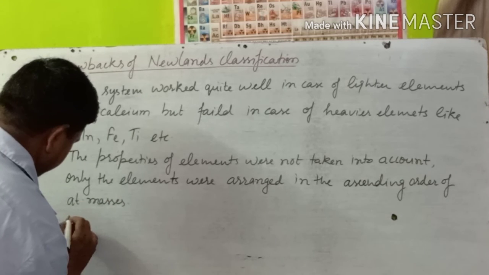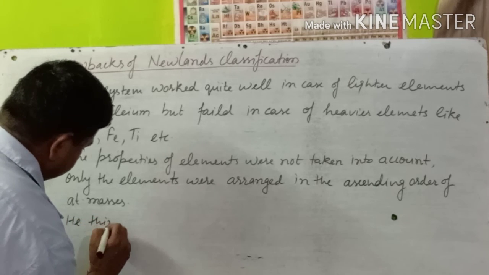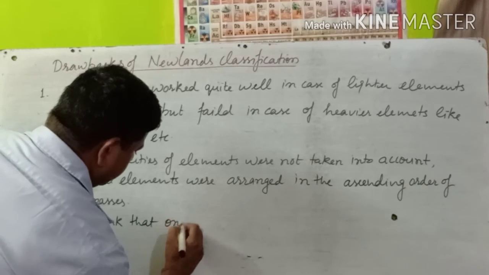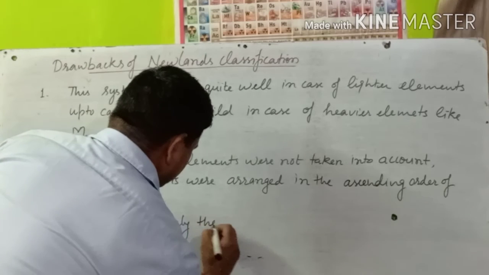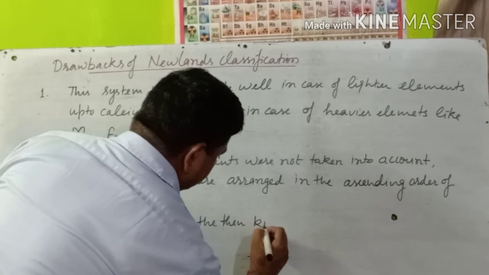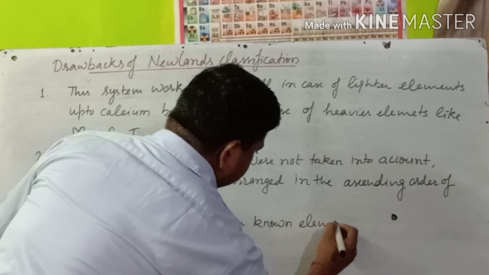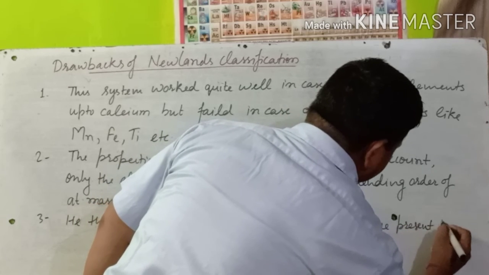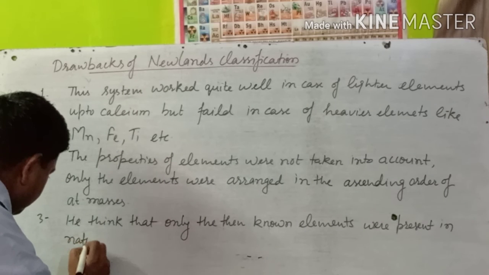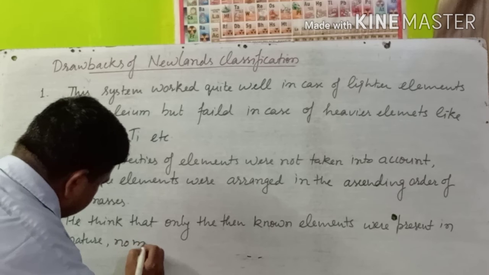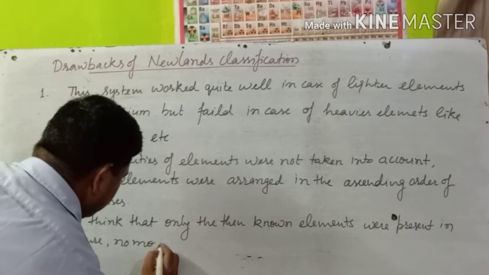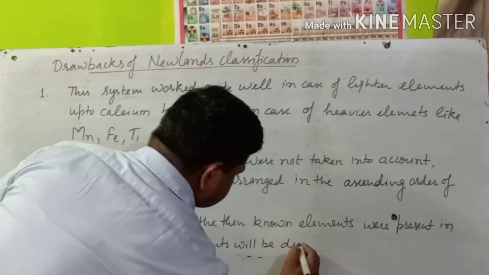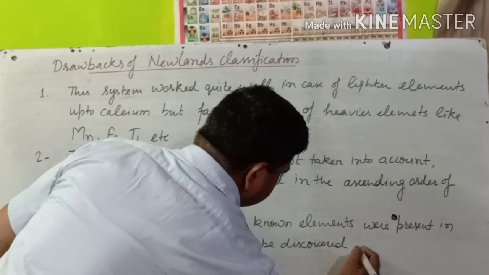Third, the next point is, he thought that only the then known elements were present in nature, and no more elements would be discovered later.